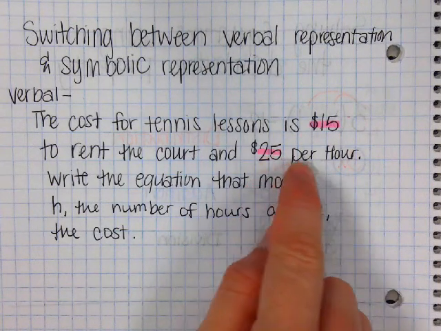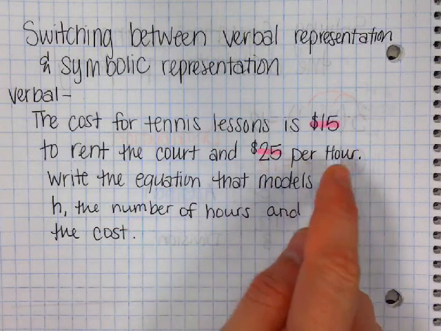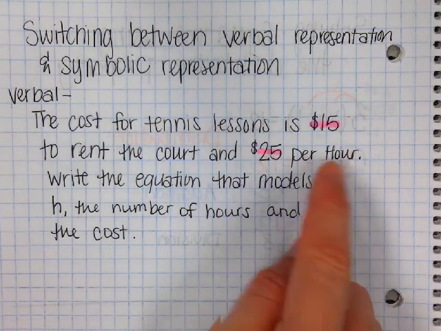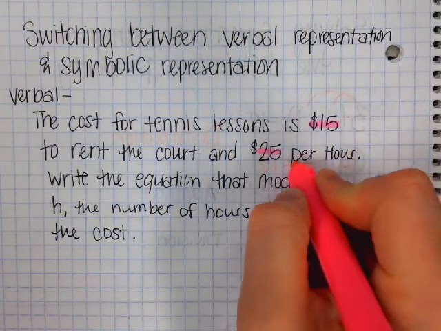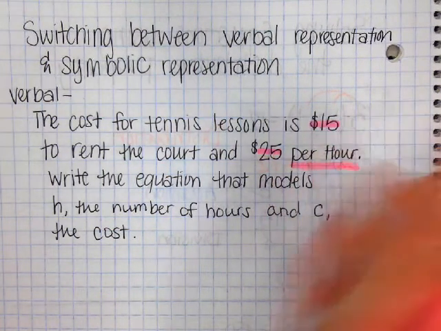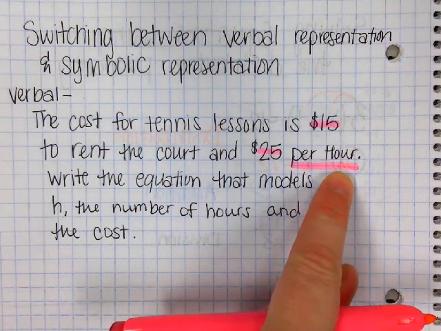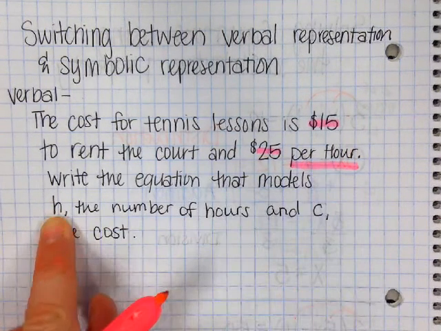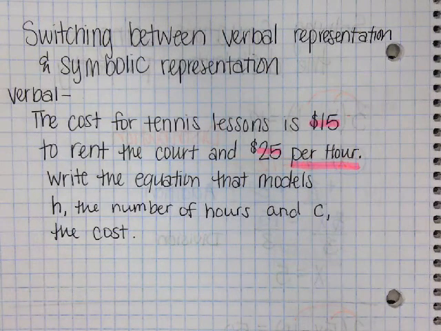That means if you did it for 2 hours, it would be $25 times 2 hours, which is 50. So per hour is always the important thing to look at. The per hour tells you that the $25 is multiplying by however many hours. Now we don't know the number of hours, so we use H to represent the number of hours.